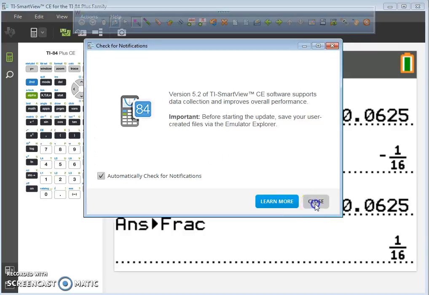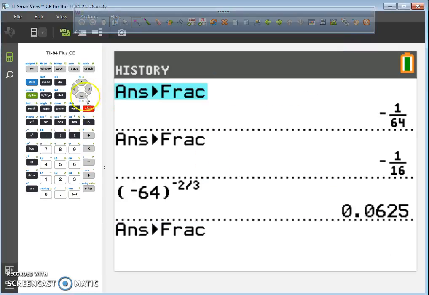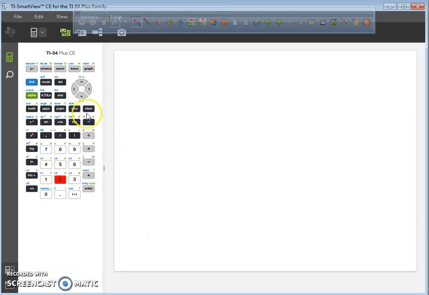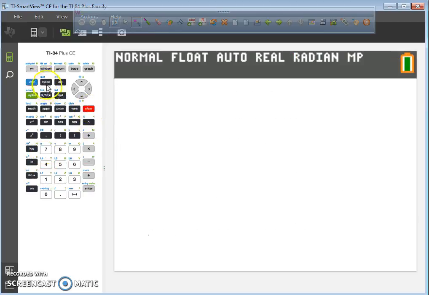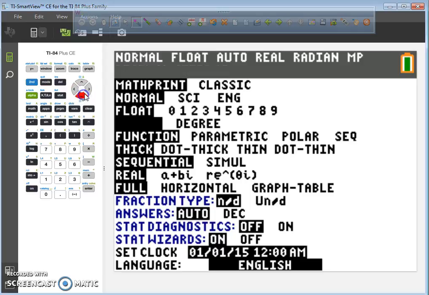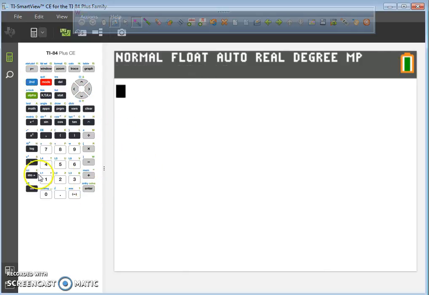Okay. There it is. Clear all this out. Second plus 712, just so we get some nice clear screen. Go to my mode button, make sure I get to degree mode. And I'm going to type in 180 cosine 40.